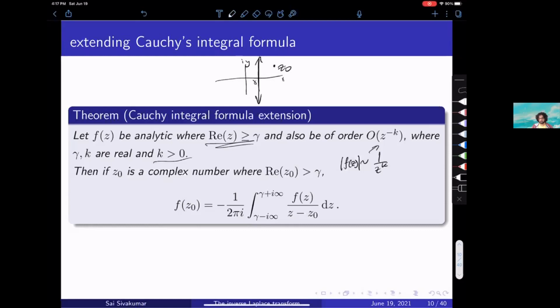You could just integrate over that line, divide through by 1 over minus 2 pi I, and you get what you want. And the reason the minus shows up is basically just because we're going like this now, and so the direction is reversed in that sense.